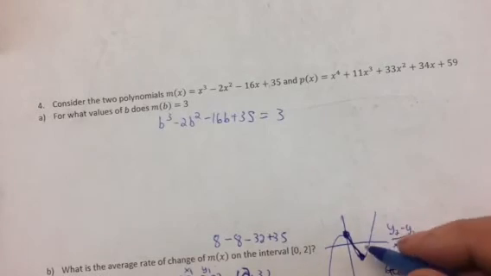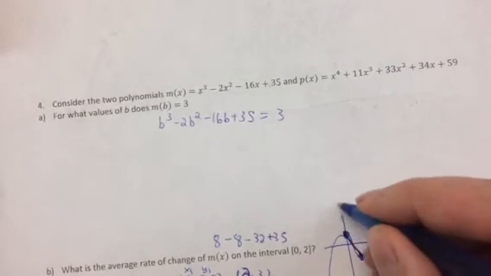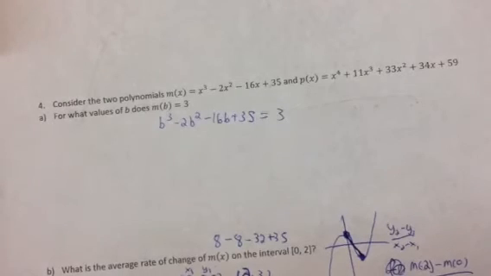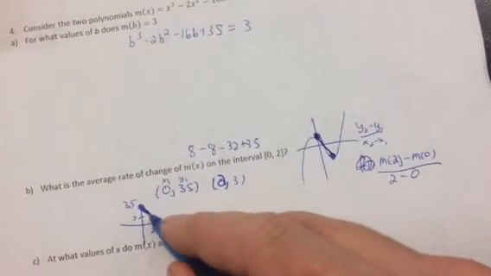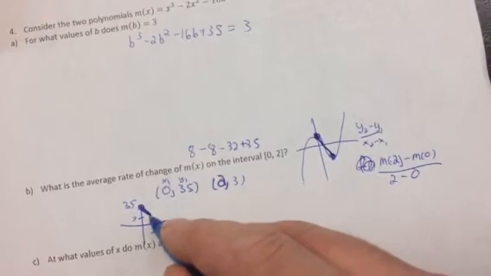What this looks like on a graph is at 0 you're at 35, and at 2 the y value is down to 3. The rate of change is going to be negative because m of x decreased from 35 to 3.